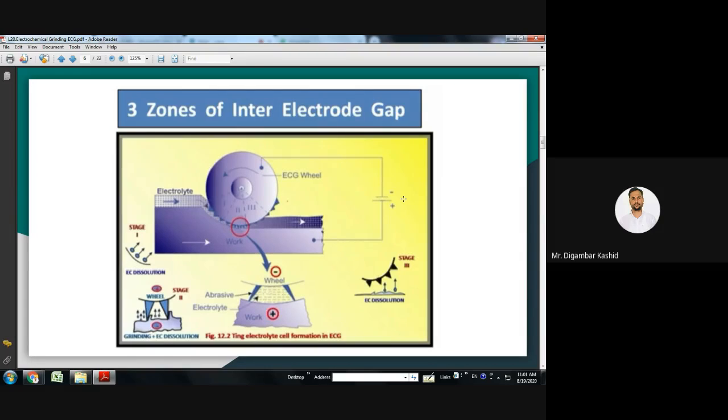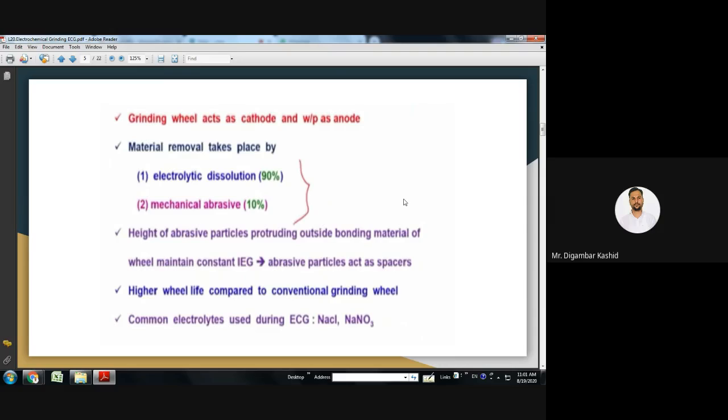Here, I repeat, material removal will take place by electrochemical dissolution, that is 90%, and 10% removal of the material is taking place by mechanical abrasion or mechanical shear.